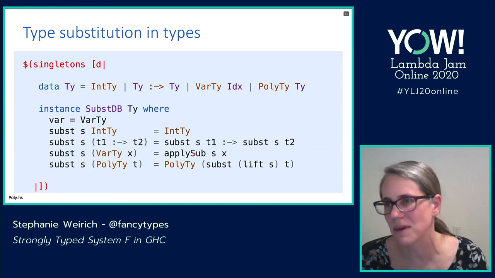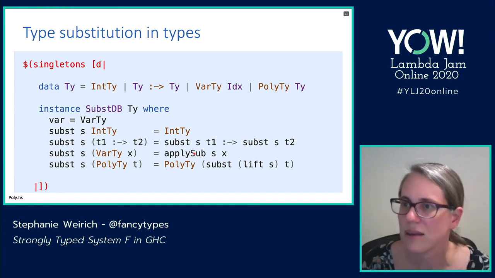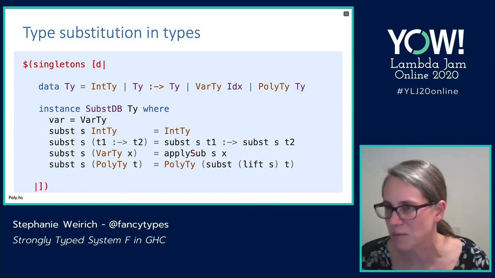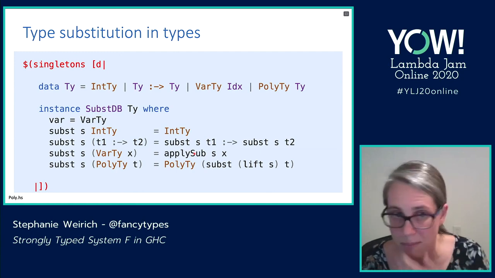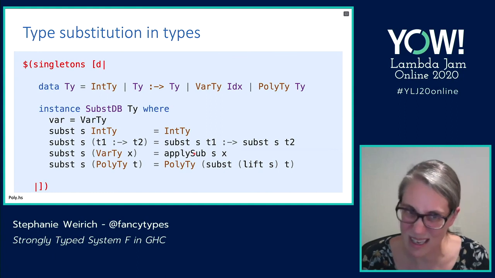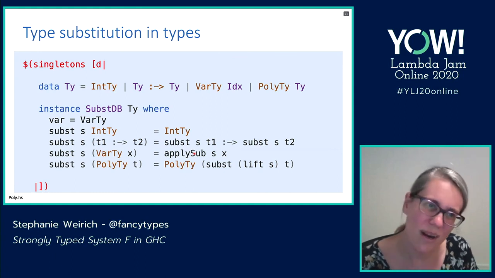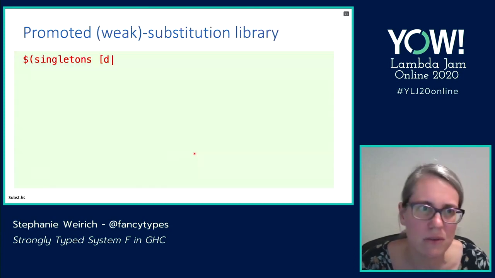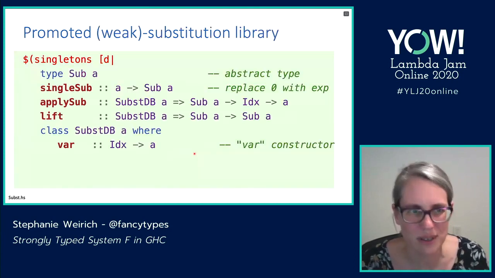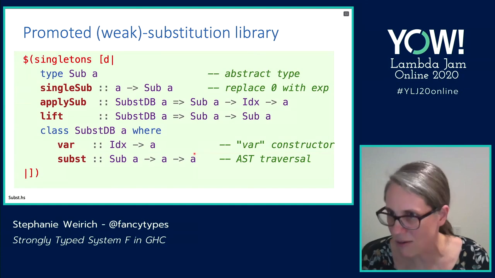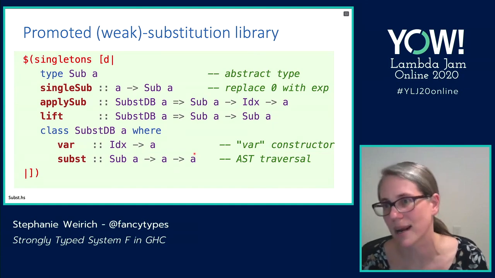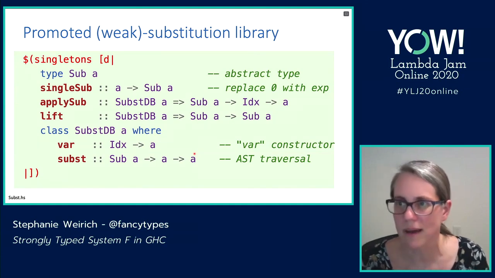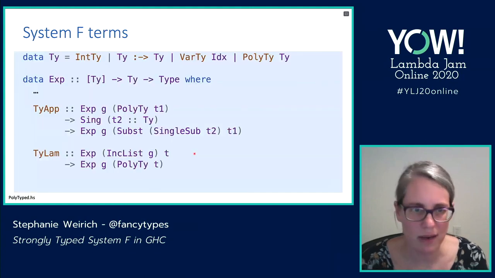So we don't have to define it all over again just so that we can use it in types as well as in terms. Notice that this is working directly with my library for substitution, so in order for this to make sense, I also have to put my library itself in the same singleton brackets.